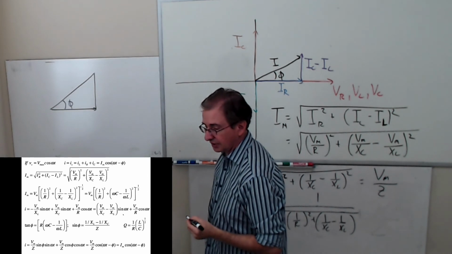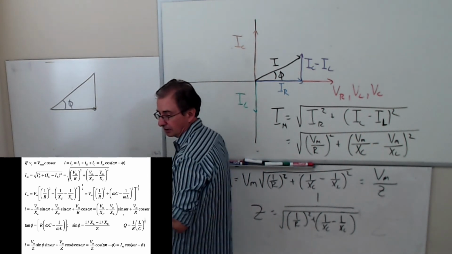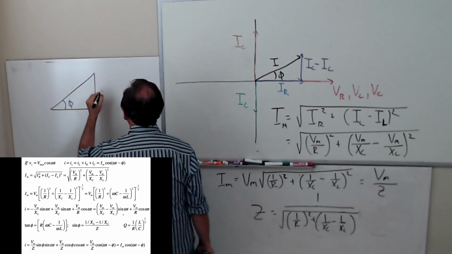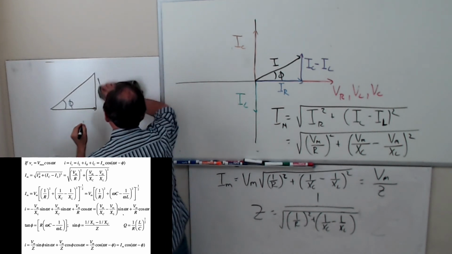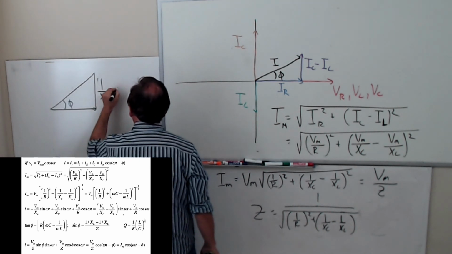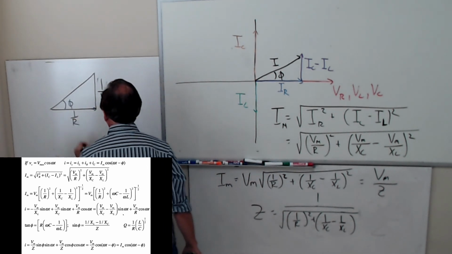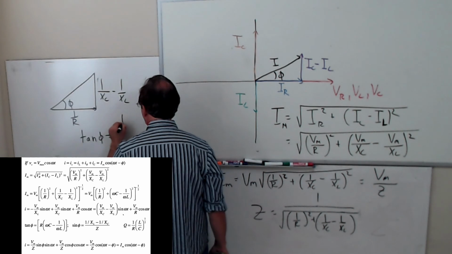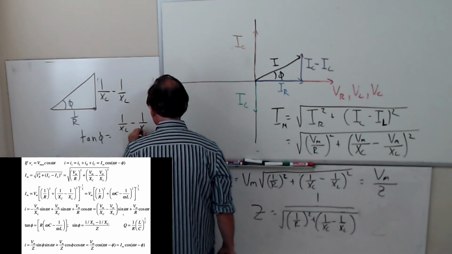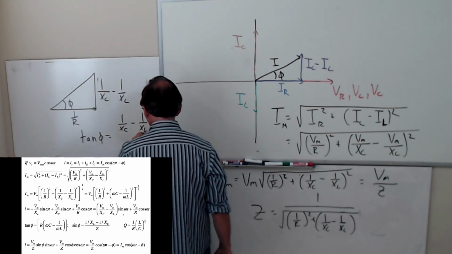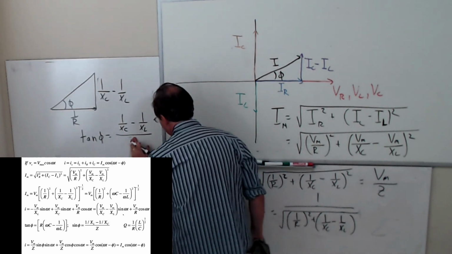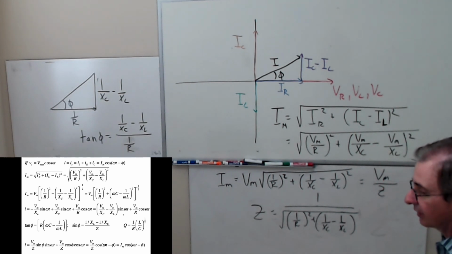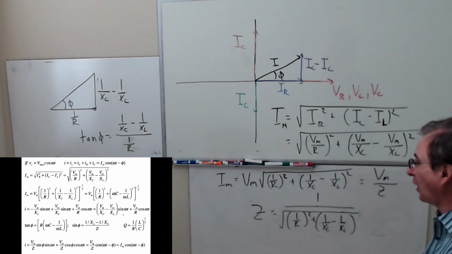Since V is common to all of those, then tangent of phi is going to be equal to 1 over X sub L minus 1 over X sub C, over 1 over R. I'm not going to derive it, but there's even an equation for the quality factor for this circuit.